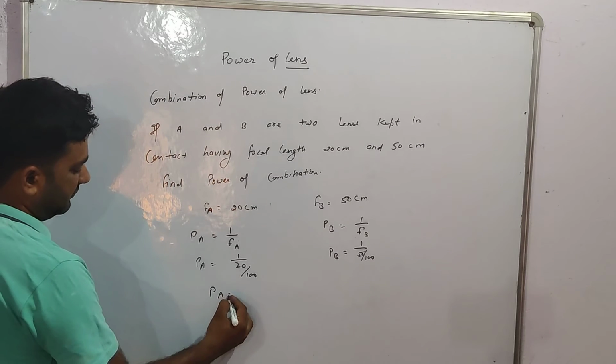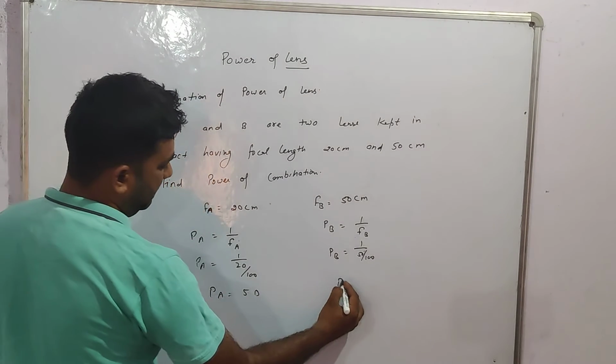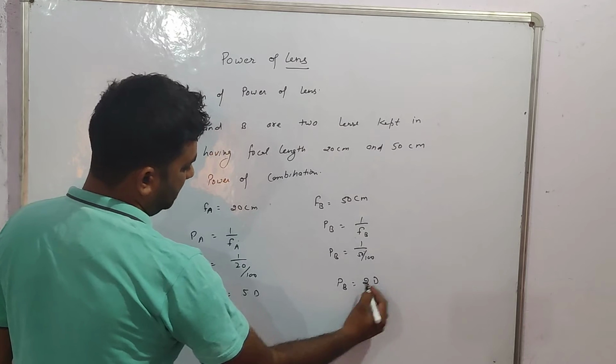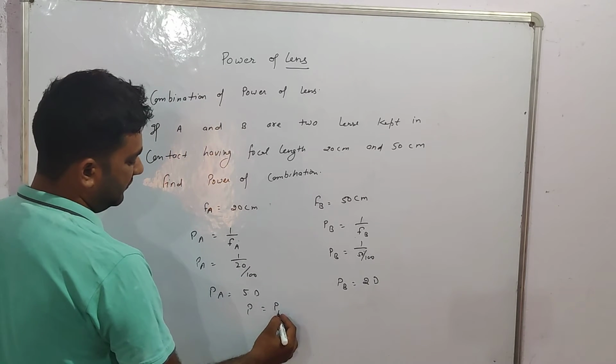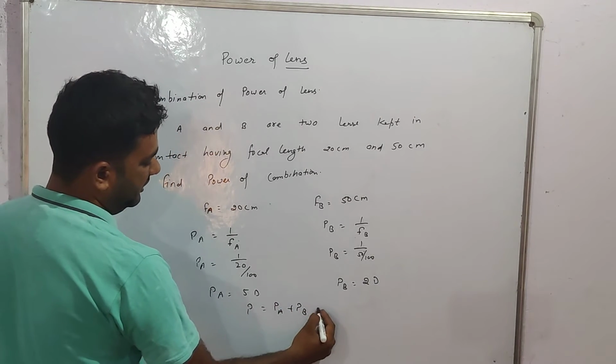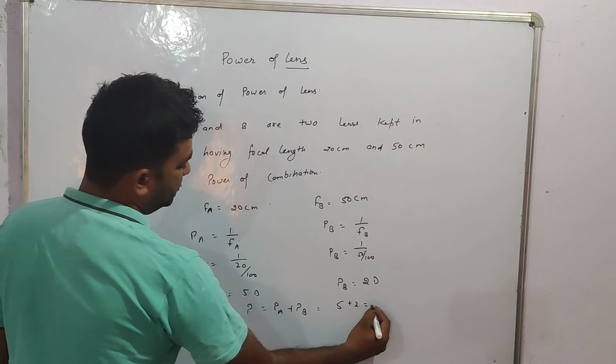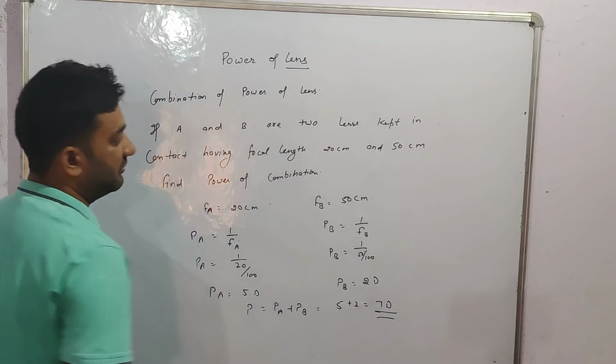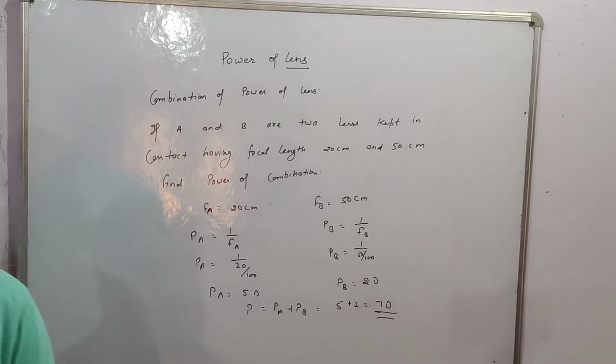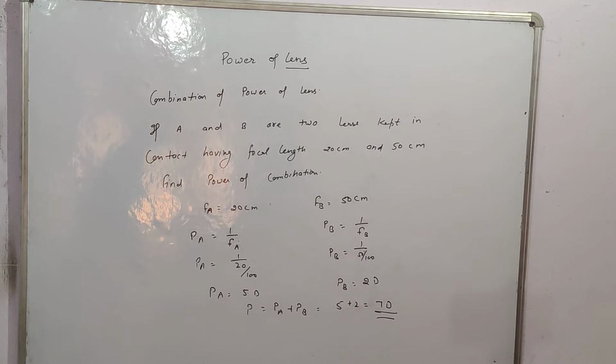So PA is equal to 5 dioptre and PB is equal to 2 dioptre. Power of combination is equal to PA plus PB, that is equal to 5 plus 2, that is equal to 7 dioptre. That is the power of the combination of the lens.